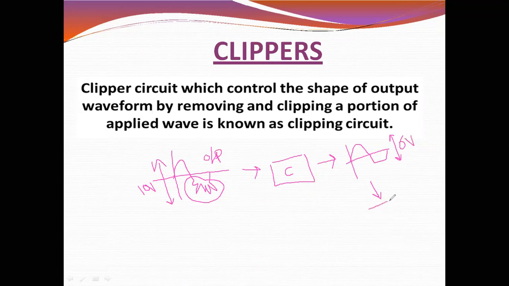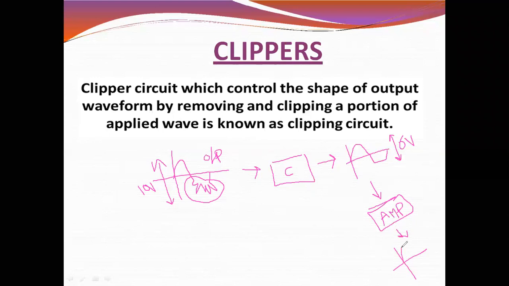If you apply this output to the amplifier, then the work of the amplifier is strengthening the input signal. That means the amplifier will increase the input signal in terms of amplitude by keeping the rest of the parameters constant.